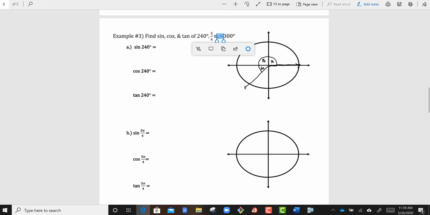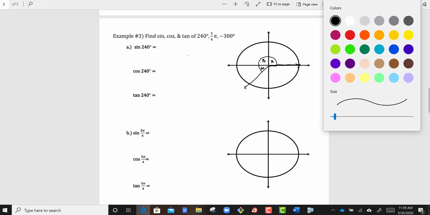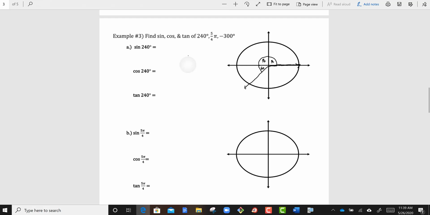So 90 plus 90 plus 180 gives us 60. So 60 would be our reference angle in this problem, because it's formed at the x-axis and that angle is acute. So our reference triangle is this right here.